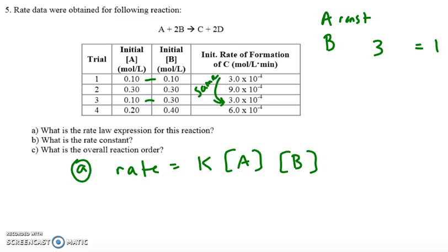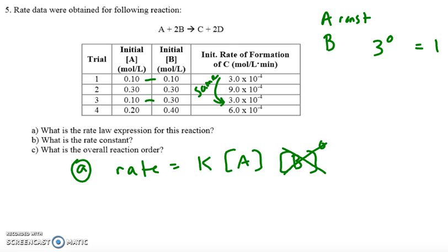And therefore, what exponent do we need in order to take this tripling and bring it back to 1? Well, that means the exponent has to be 0, because anything raised to the 0th power is 1. So we're going to put an exponent of 0 on B, which really means it's going to be multiplied by 1. So B is actually going to just drop out of this rate law expression altogether.